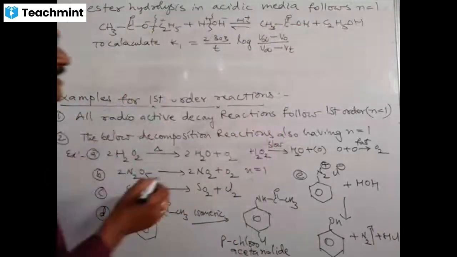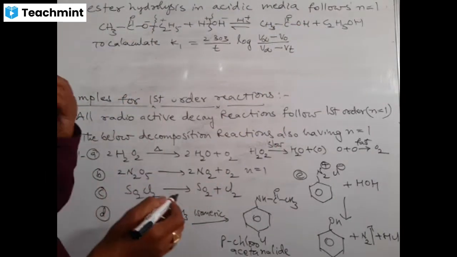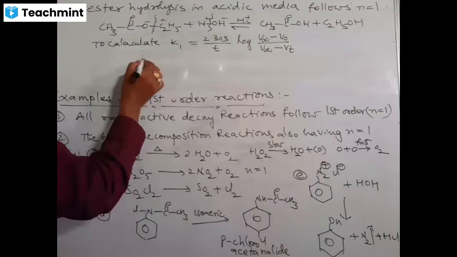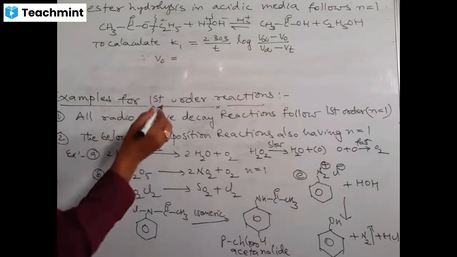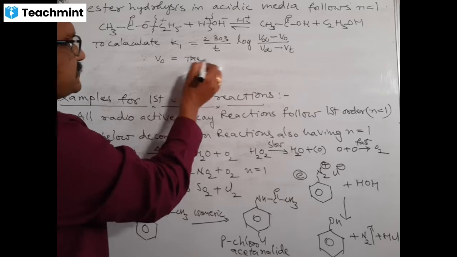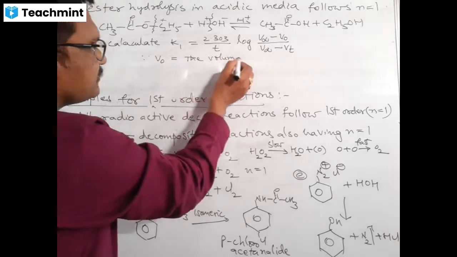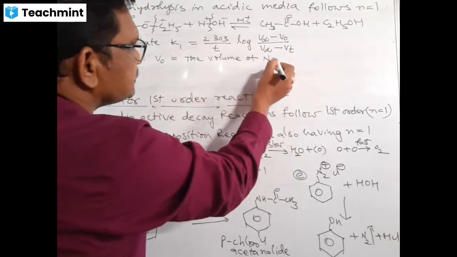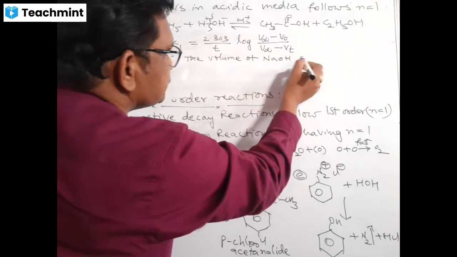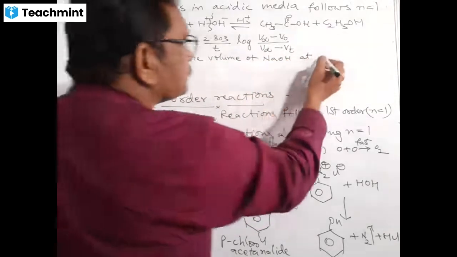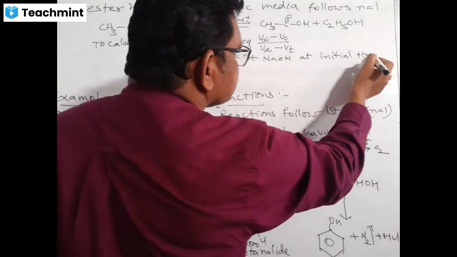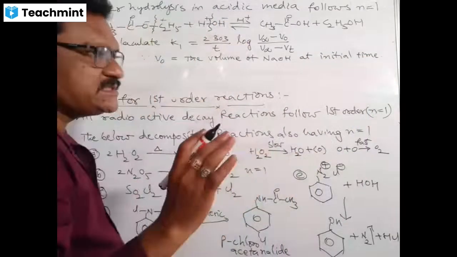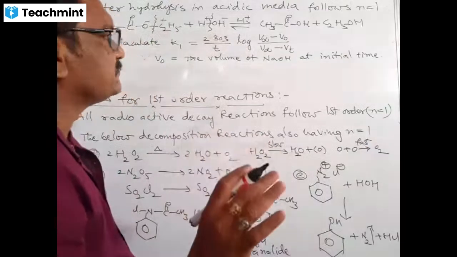Okay, here you have to write clearly. What is V0? V0 means the value of NaOH at initial time, means 0 time. 0 time means the reaction has not yet started.